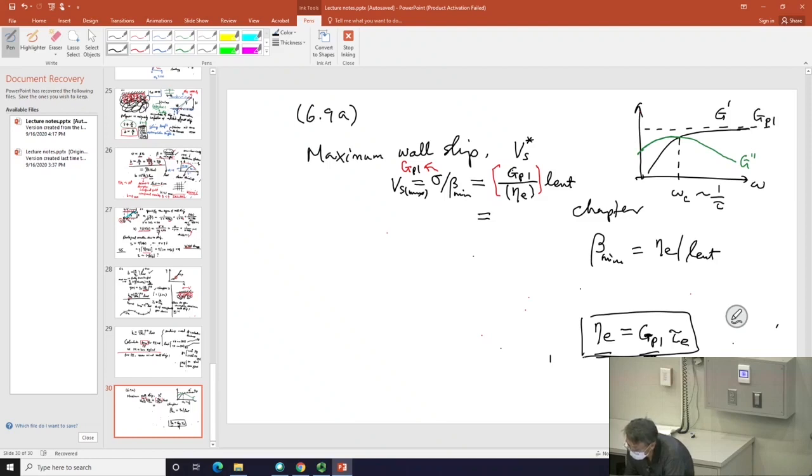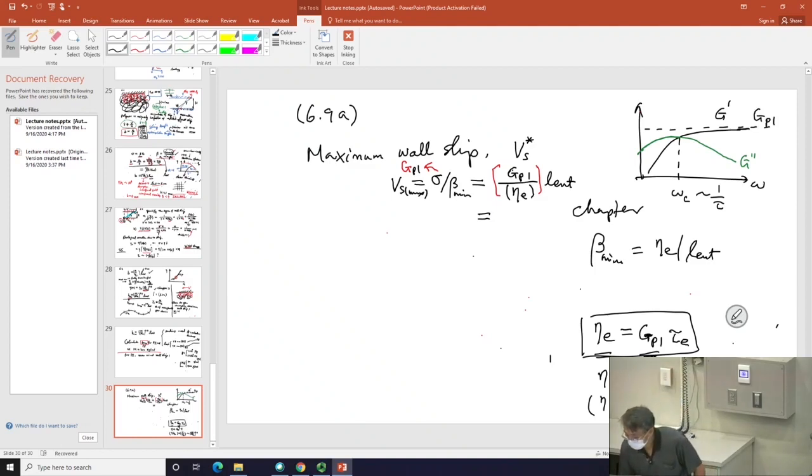And by that token, because eta is also just plateau modulus times the relaxation time, reptation time that we mentioned before. Therefore, the ratio of the two is the ratio of the relaxation time. And we have, I have introduced for you that this is 3.4. So this speaks about the origin of what is tau E.